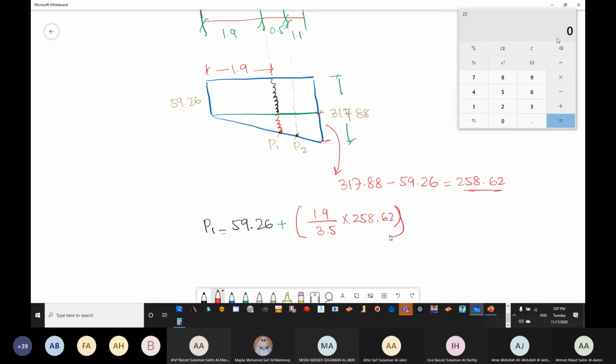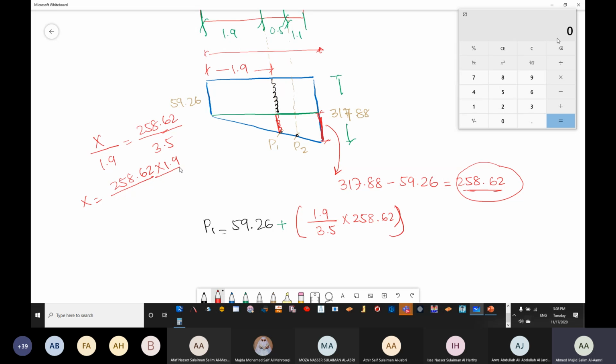Once again, for 3.5 meters, the height is 258. How much is the height for 1.9? It's a cross multiplication. X divided by 1.9 is equal to 258 divided by 3.5. So X equals 258.62 multiplied by 1.9 divided by 3.5.